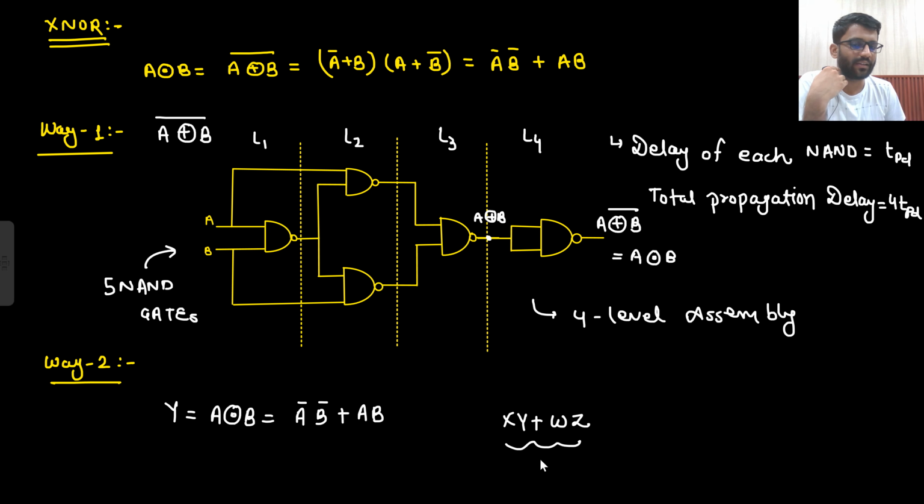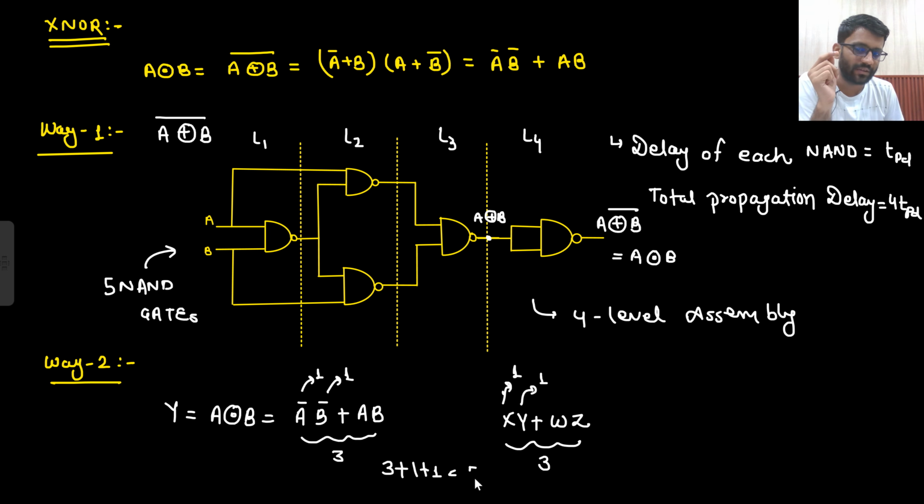How much will this take? 3. And A bar will take 1, this will also take 1, B bar will also take 1. So 3 plus 1 plus 1, the answer is 5.